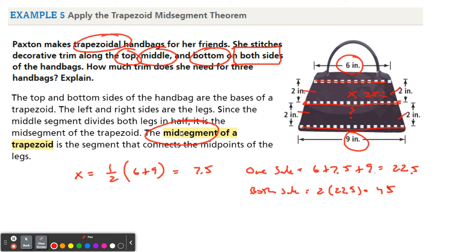So for both sides of one handbag, she needs 45 inches. But now we need 3 handbags. So to do 3 handbags, we do 3 times 45. And 3 times 45 is 135 inches. That's how much trim she would need to trim 3 handbags, trapezoids, with the top, middle, and bottom on both sides.